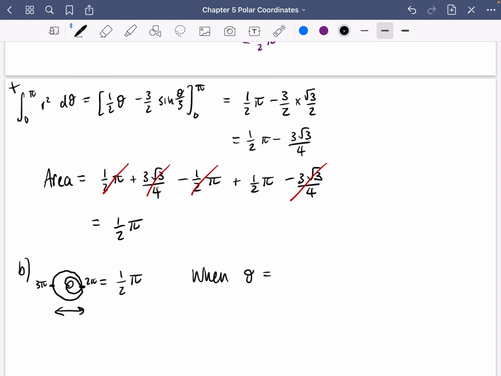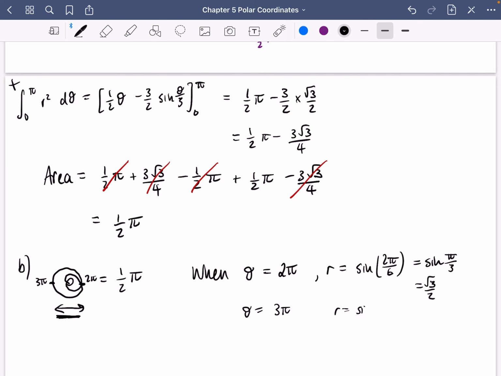When theta equals 2 pi, r equals the sine of 2 pi over 6, which is the sine of pi over 3, which is root 3 over 2. And when theta is equal to 3 pi, r is going to be equal to the sine of 3 pi over 6, which is the sine of pi over 2, so sine of 90, which is 1.